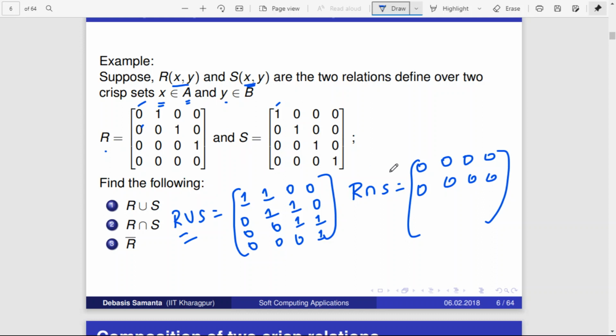I think it will be basically 0 because we have only 1s and 0s, right? So the minimum of 1 and 0 will always be 0. Only if two ones are coming at the same place, then it will be 1.